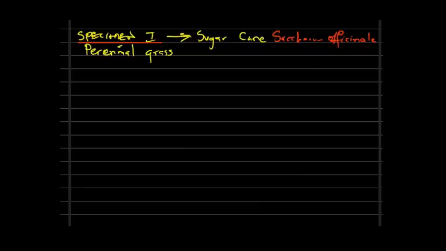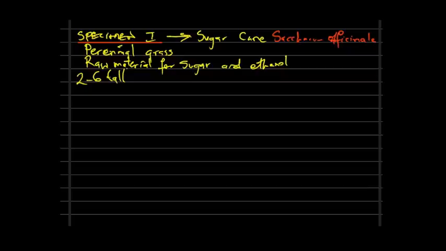It is a raw material for sugar and ethanol, and it has an average height of 2 to 6 meters tall.